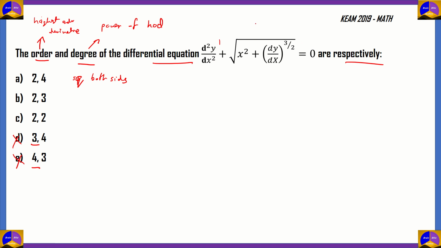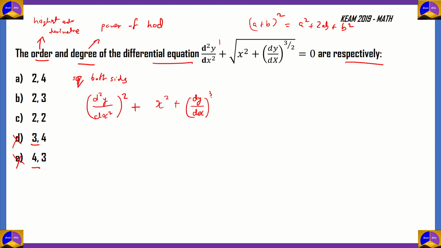So this is akin to a plus b the whole square, which is equal to a squared plus 2ab plus b squared. So when you square both sides, what we get is d squared y by dx squared the whole squared plus this entire term with its root removed. So that will be x squared plus dy by dx the whole raised to 3 by 2. And next is 2ab.